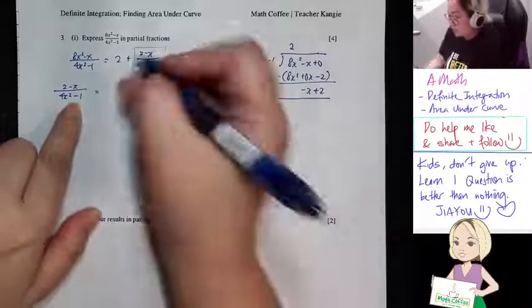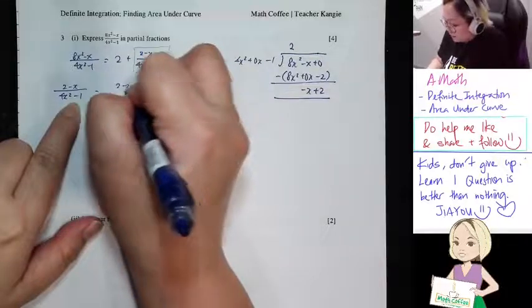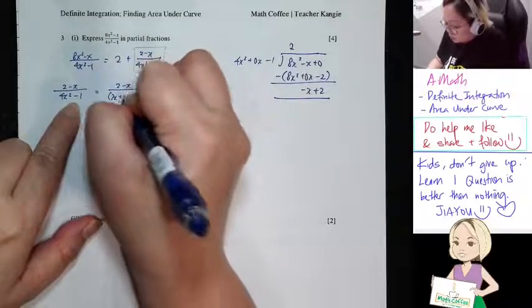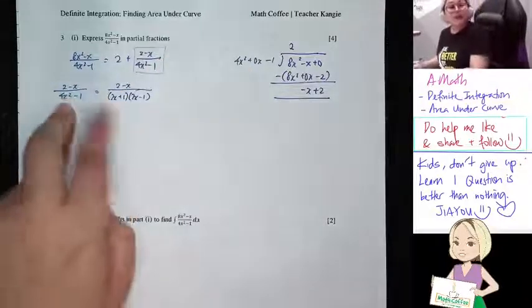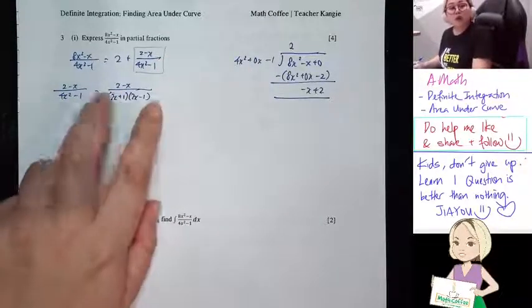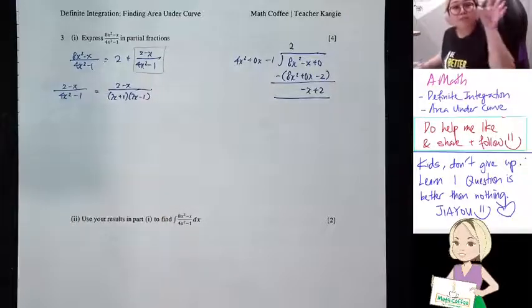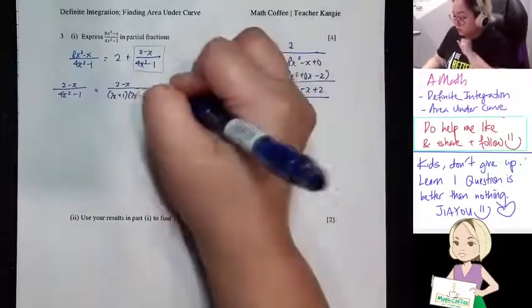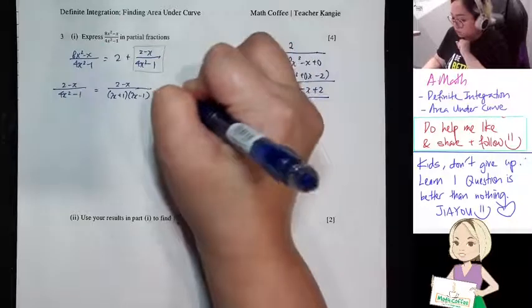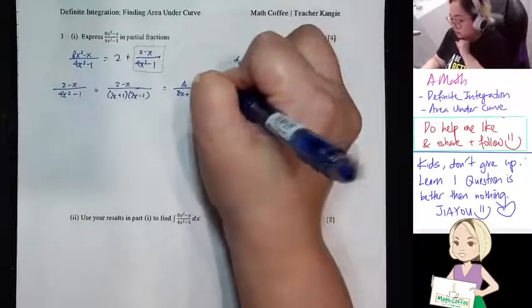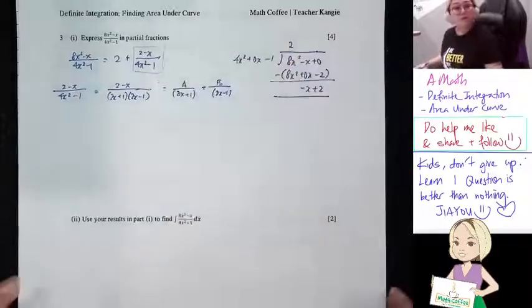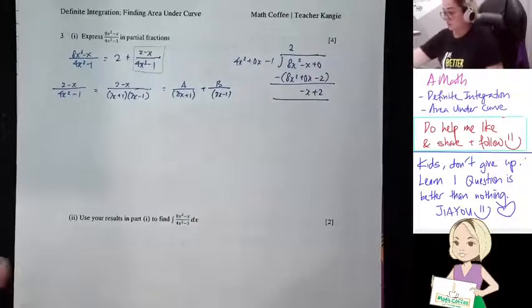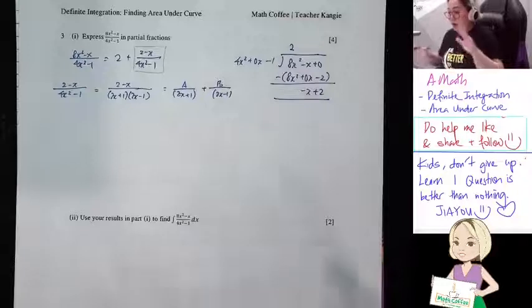So this one actually can simplify to become 2 minus x over 2x plus 1 and 2x minus 1. So you see, after I factorize, oh, so actually this partial fraction is case 1. So this will be equal to a over 2x plus 1 plus b over 2x minus 1. Okay? Understand?